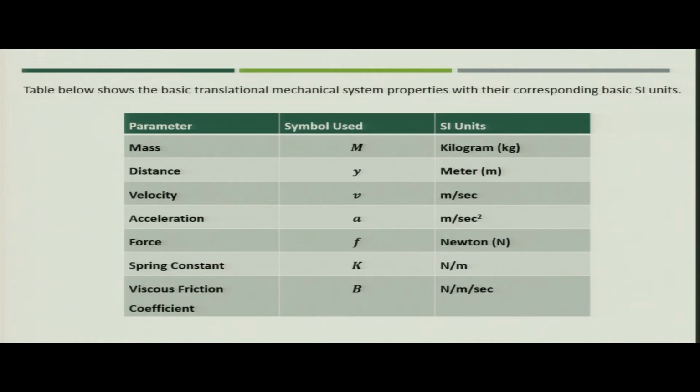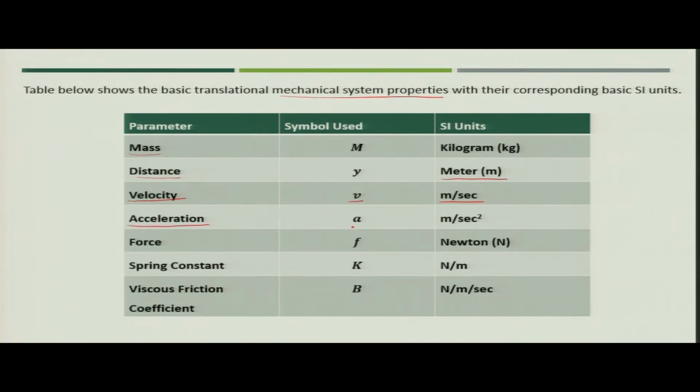Now, this is the table where you can see the generally utilized mechanical system properties and their corresponding SI units. Mass is generally represented by capital M and the SI unit is kilogram. For distance, we generally use small y, which is represented in meter. Velocity is small v and the SI unit is meter per second.